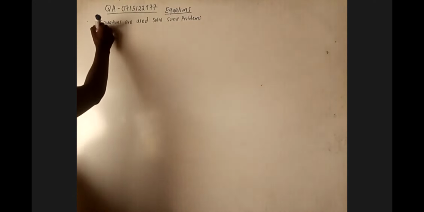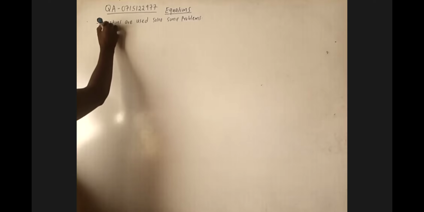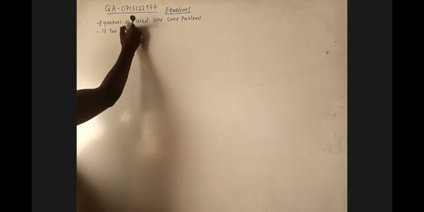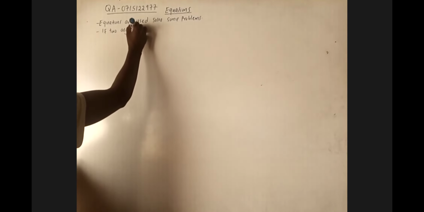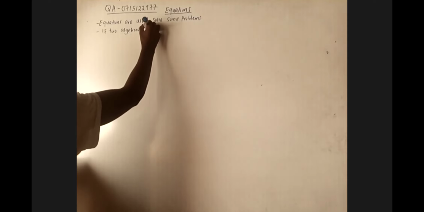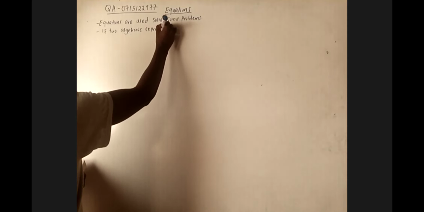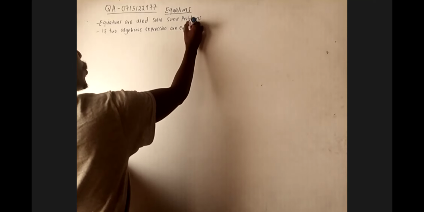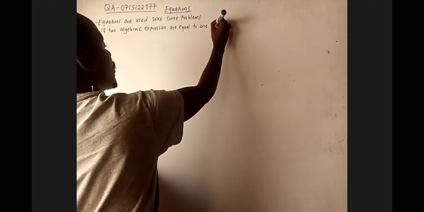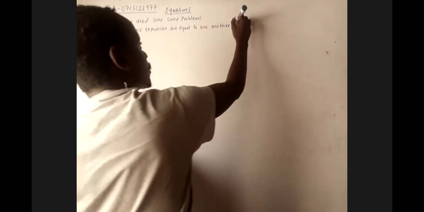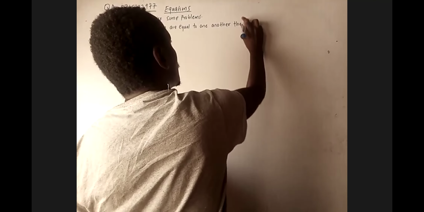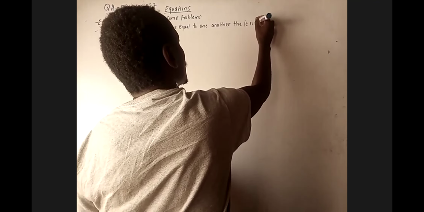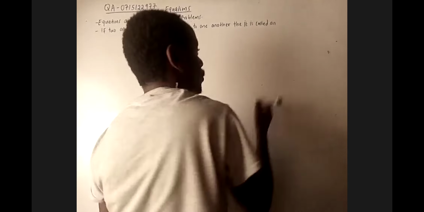Now you can ask, what's the meaning of the word equation? You can say that if two algebraic expressions are equal to one another, then it is called an equation.